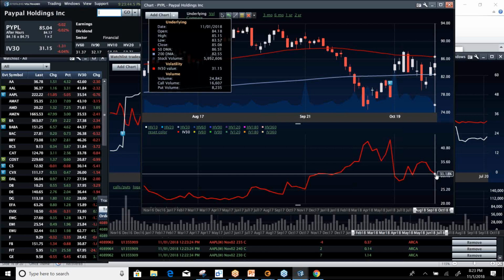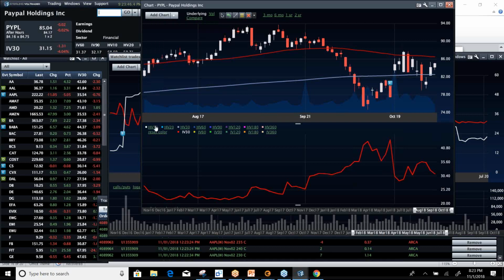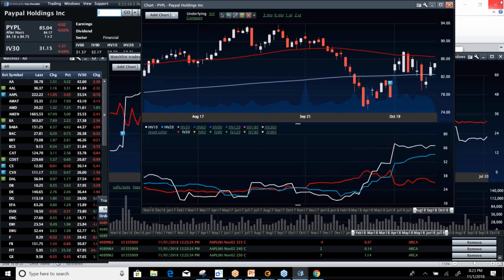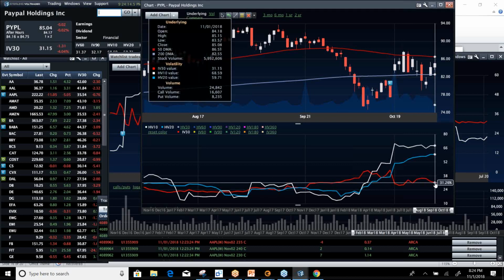Probably pretty high. But if I put it in context of the realized volatility, that HV number, I think it's probably pretty cheap. Right? It's cheap.